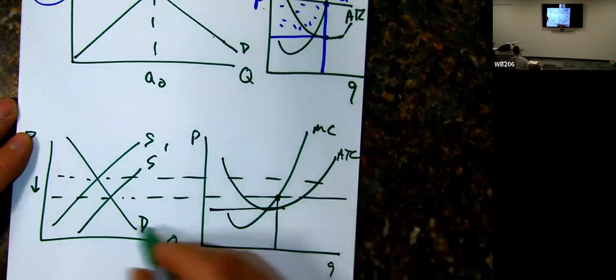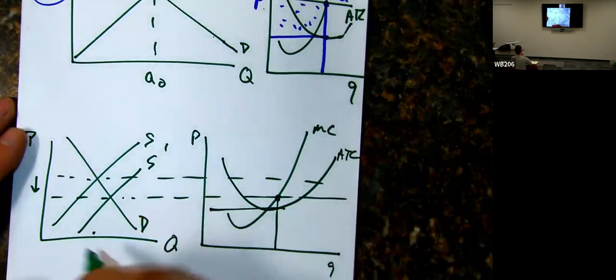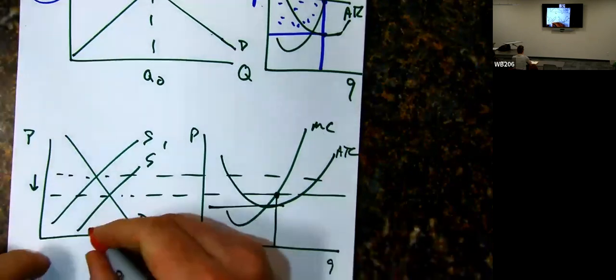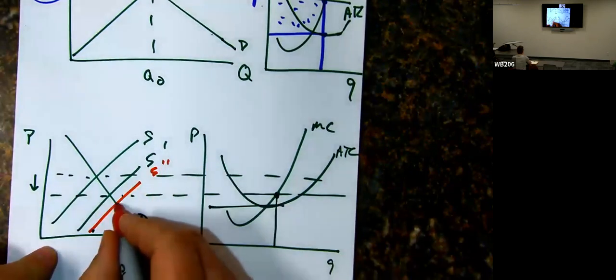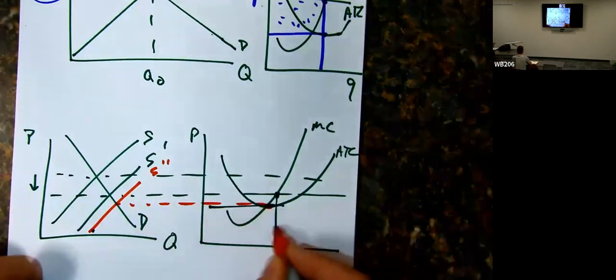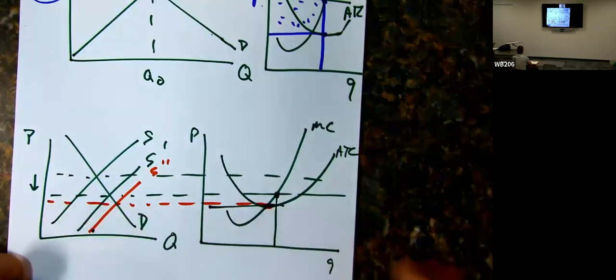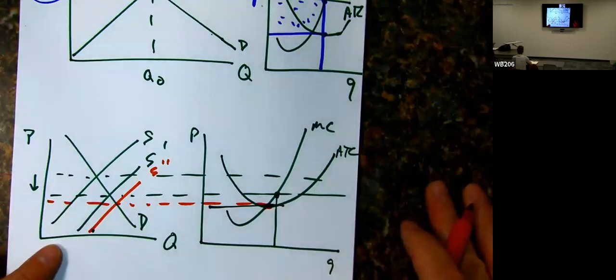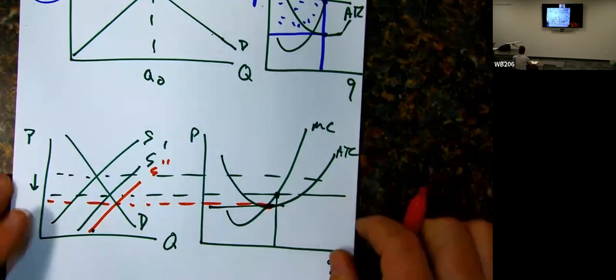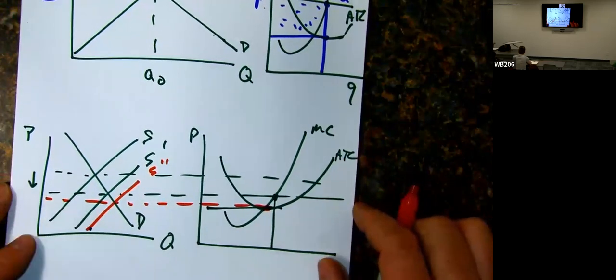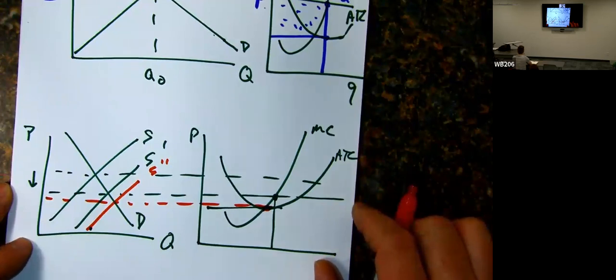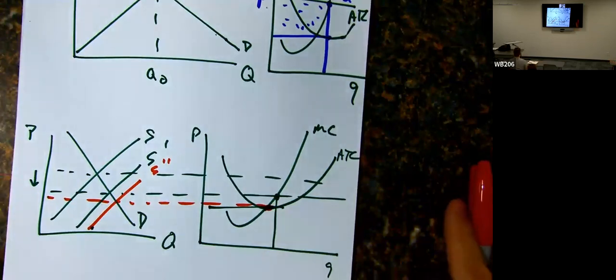And we expect that there will be entry into the market until the price that obtains is equal to the absolute bottom of the average total cost curve. And we're also assuming that all firms have the same cost curves, that each firm is representative of the whole. At that point, what happens to profits? They ain't none.